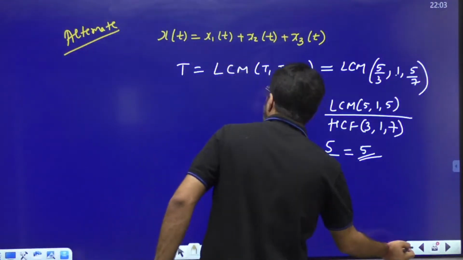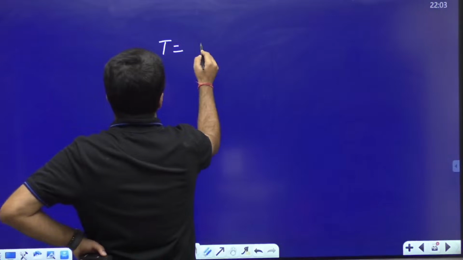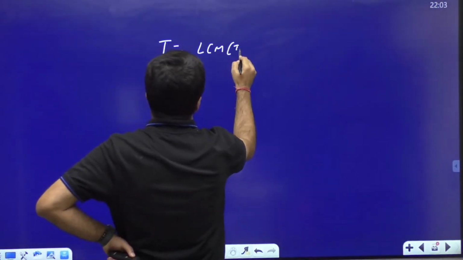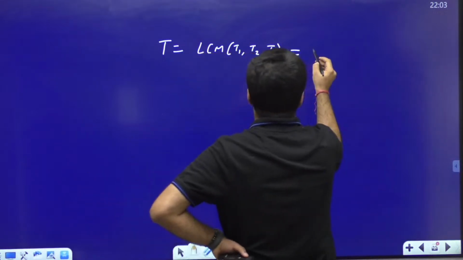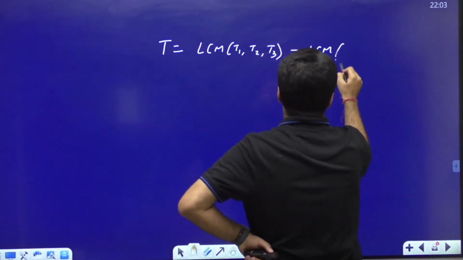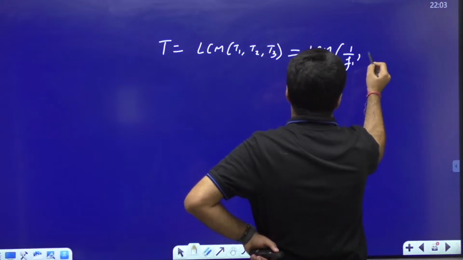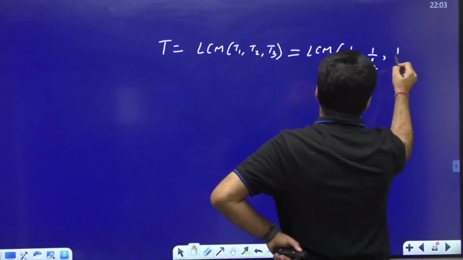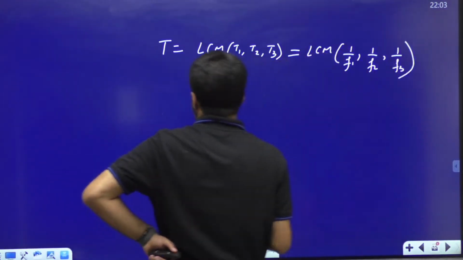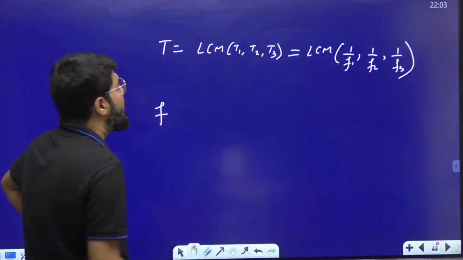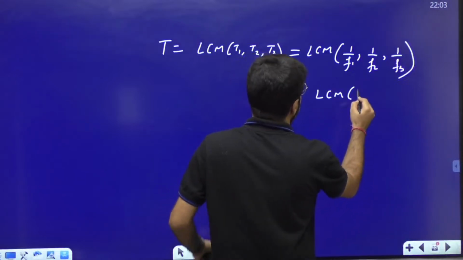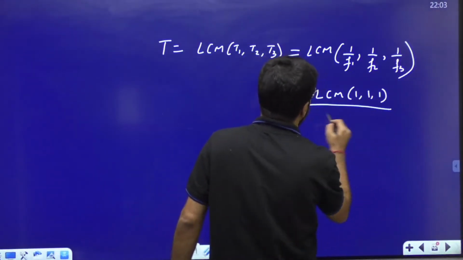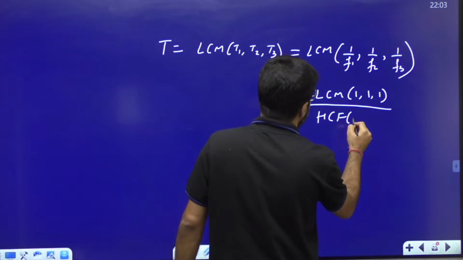Now this leads to one more case. The final time period, as I told you, is the LCM of T1, T2, T3. What are T1, T2, T3 in terms of frequency? 1 upon F1, 1 upon F2, 1 upon F3. The LCM of this is the LCM of numerators divided by the HCF of denominators.